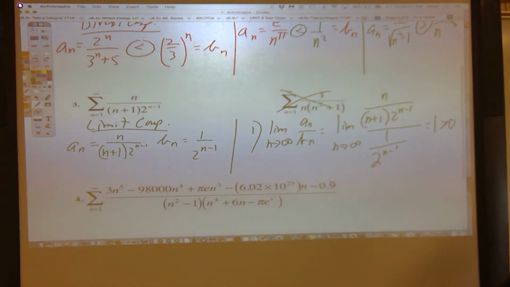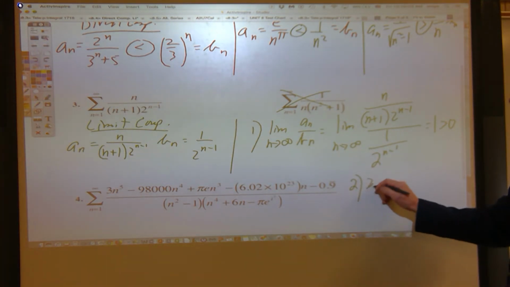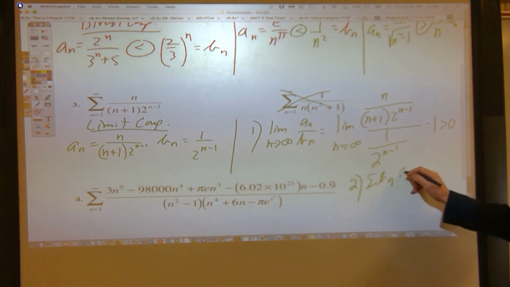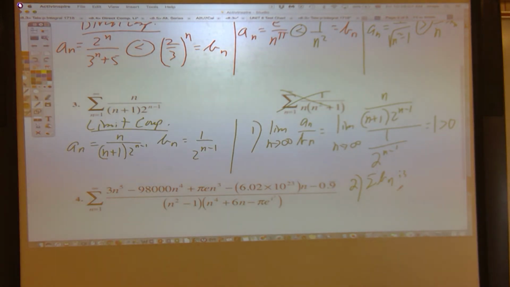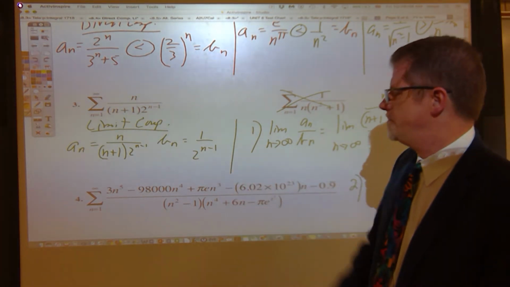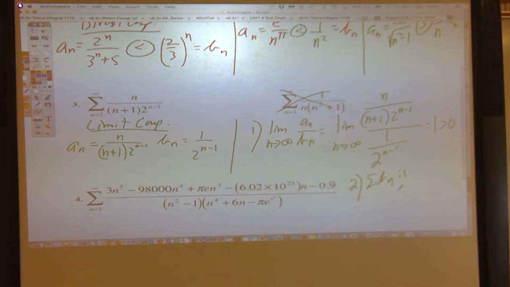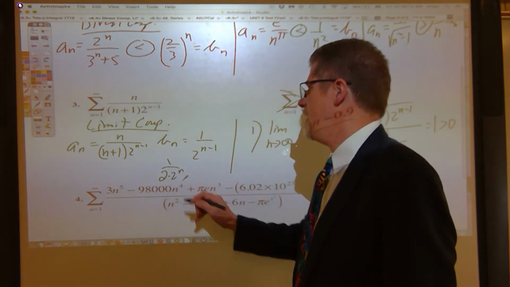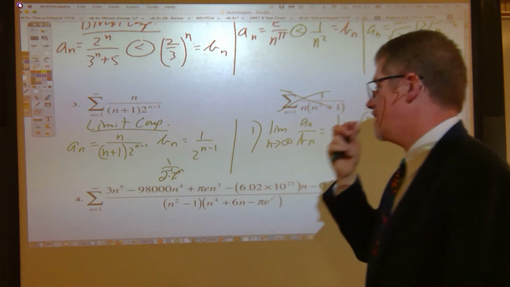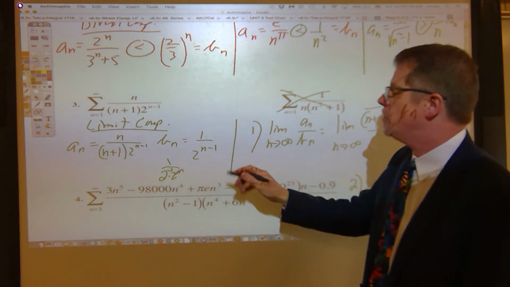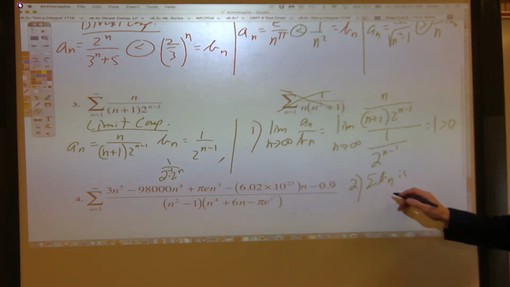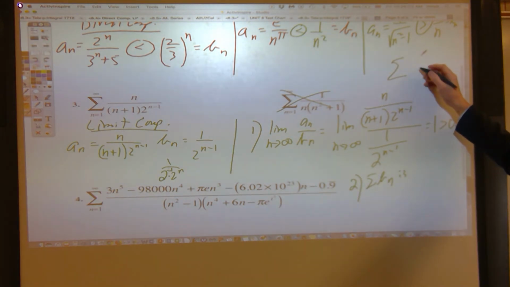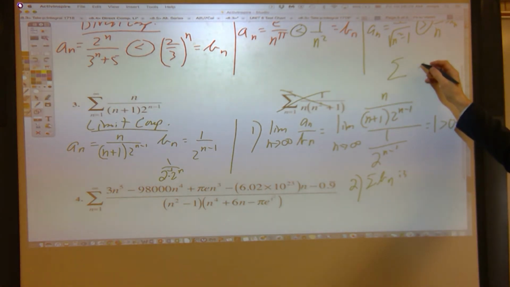That's all we needed. Step 2, series b sub n is, what is it? What can we say about 2 to the n minus 1? It's 1 over 2 times 2 to the n, or 2 to the negative 1 times 2 to the n. It's the same thing. So if you looked at the series, it's basically 2 over 2 to the n.